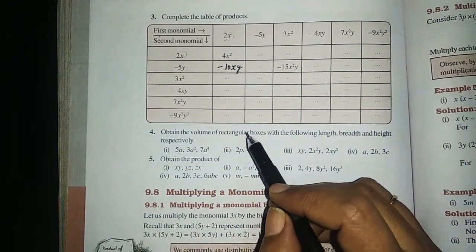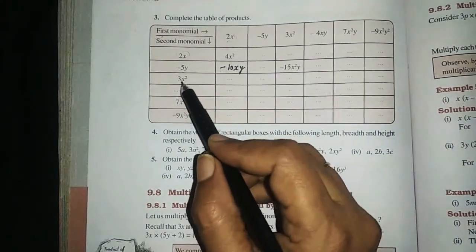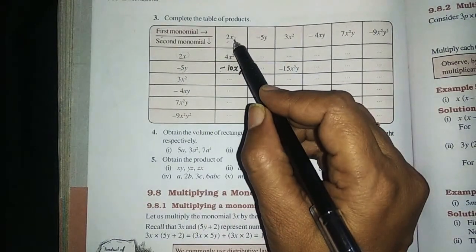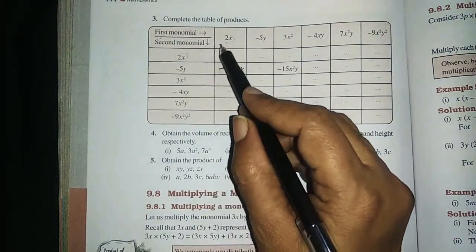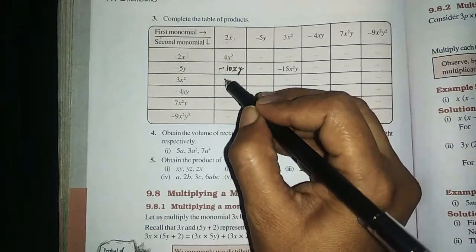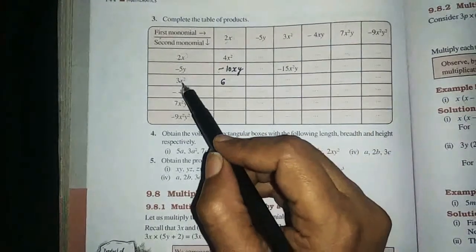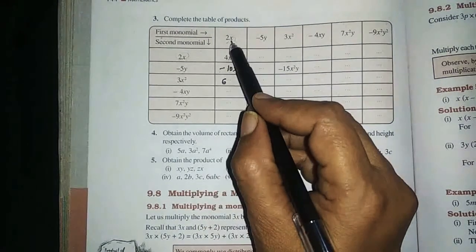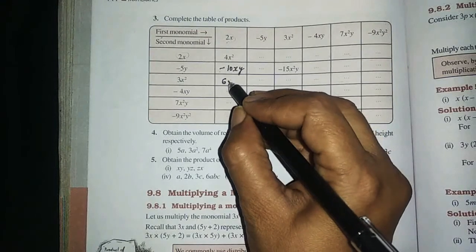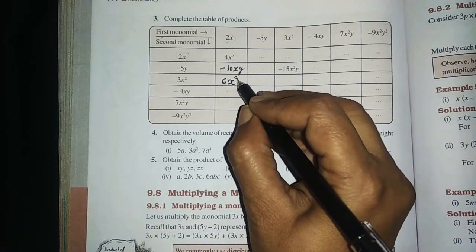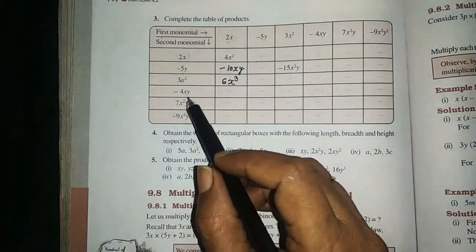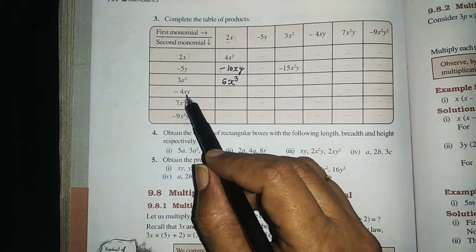Now see the next one. Here 3x square you have to multiply with 2x. Okay, first we multiply numerical coefficient. 3 2s are 6. Okay, now x square and this x we multiply, then what comes? X cube. Clear? Now see the next part, minus 4xy.